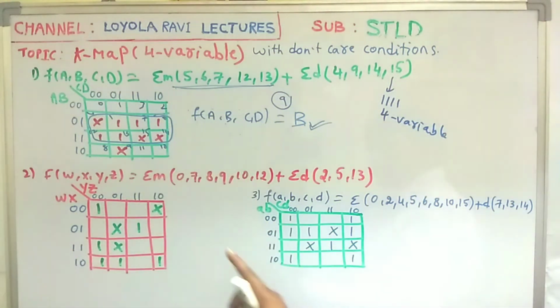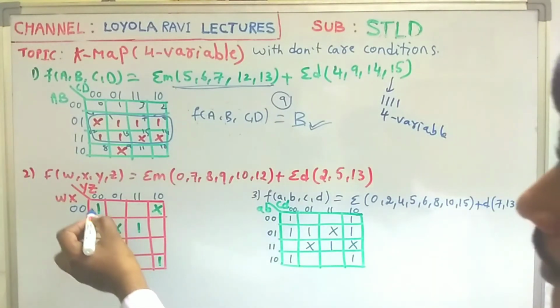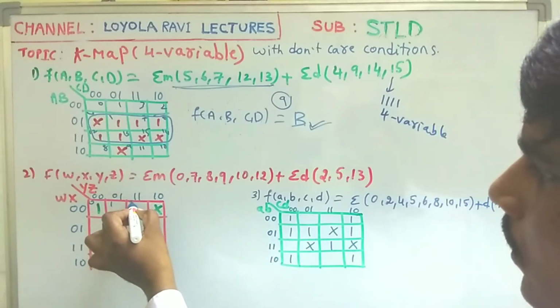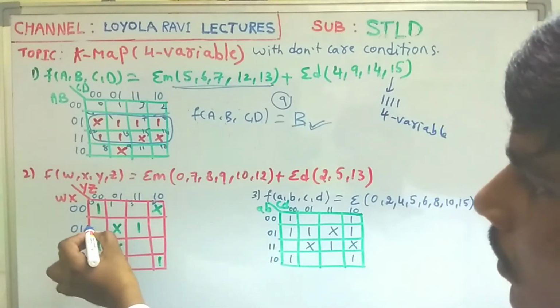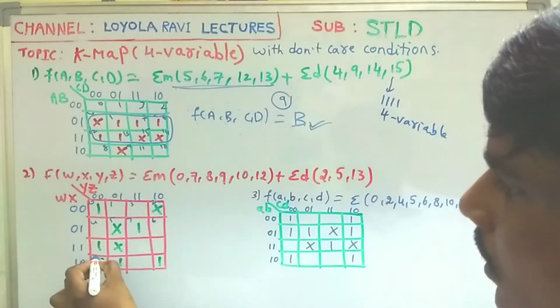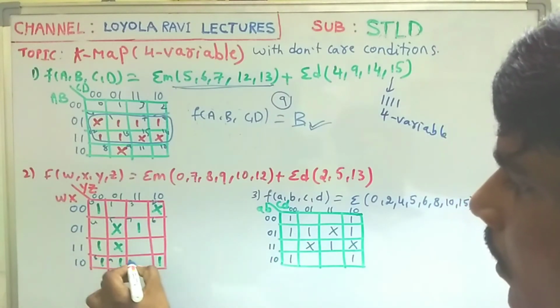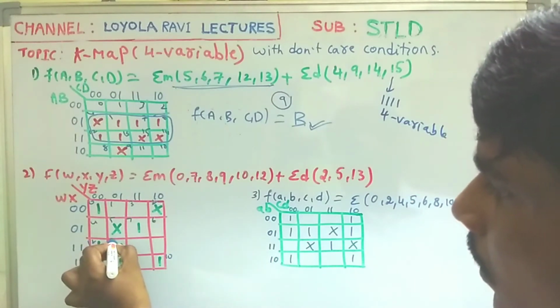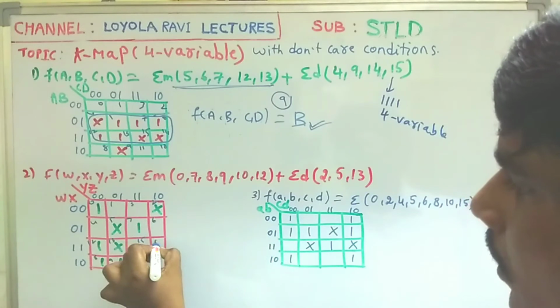Then place all the min terms 0, 7, 8, 9. If you want, you can take the positions: 0th location, first location, third location, second location, 4, 5, 7, 6, 8, 9, 11, 10, 12, 13, 15, 14.